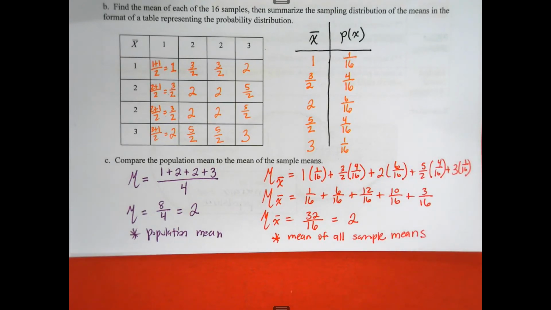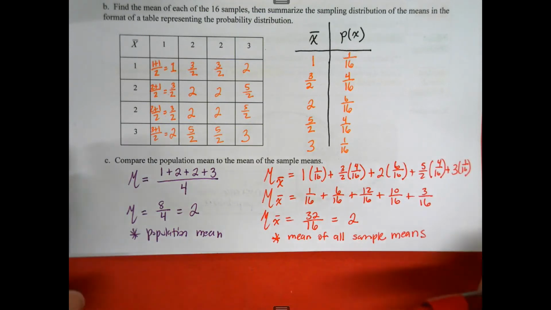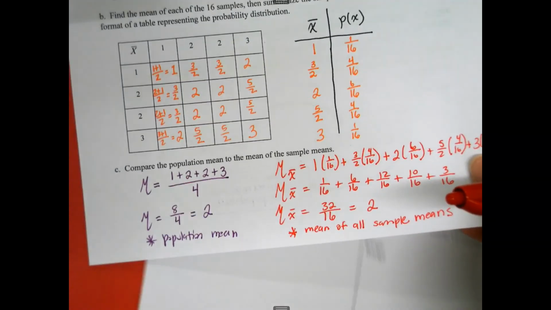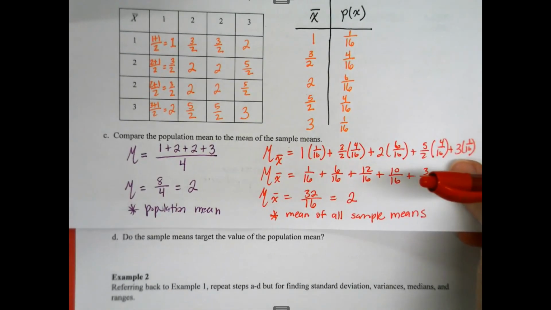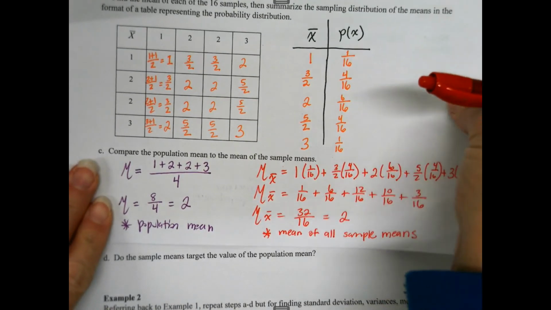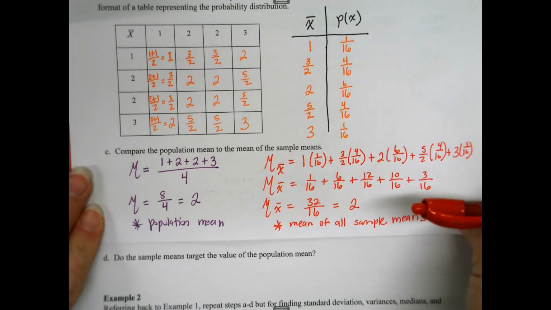When you look at it, you see that the mean of our population and the mean of every possible sample of size 2 is exactly the same. They are equivalent to each other. Part D asks us, do the sample means target the value of the population mean?